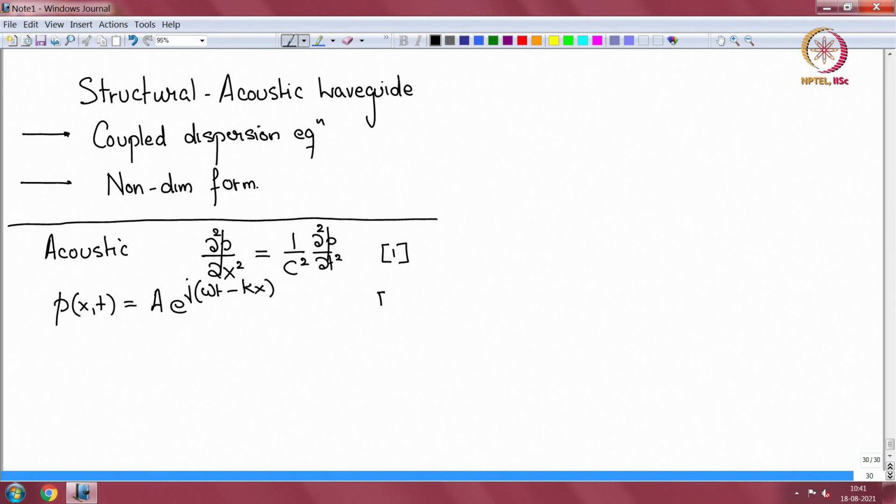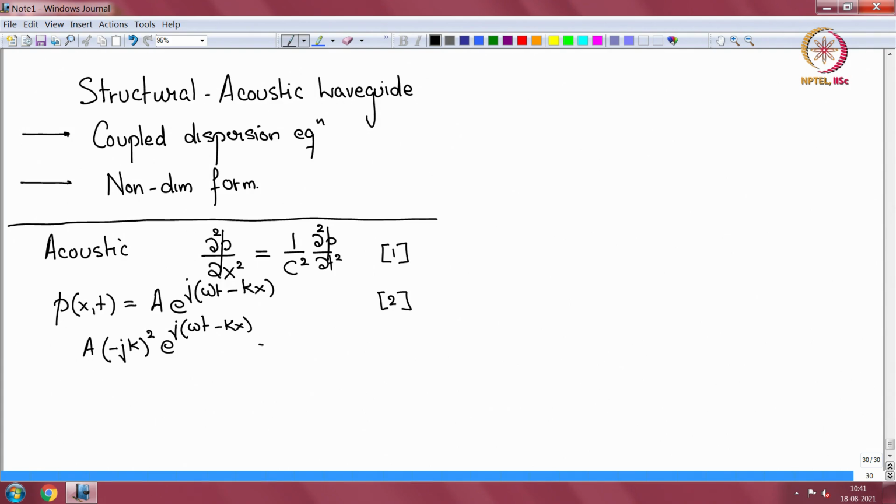If I substitute 2 into 1, on the left there are two derivatives with space, so I will get A times minus jk whole squared e to the power of j omega t minus kx.